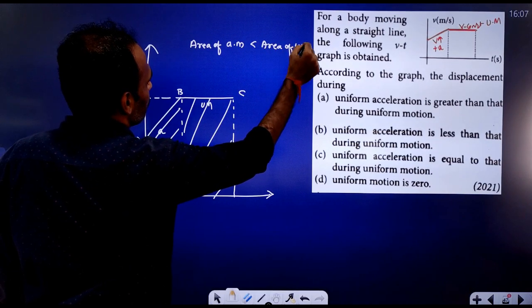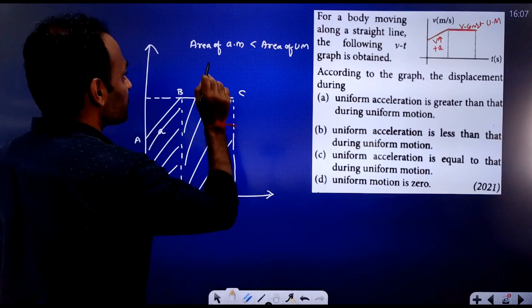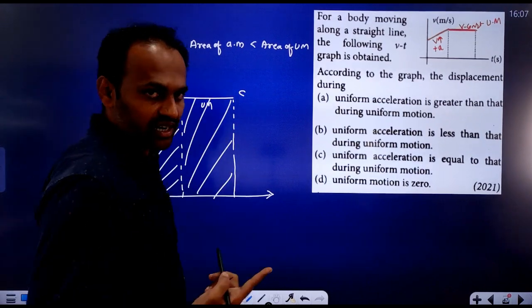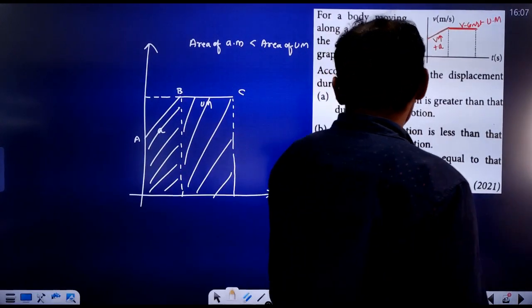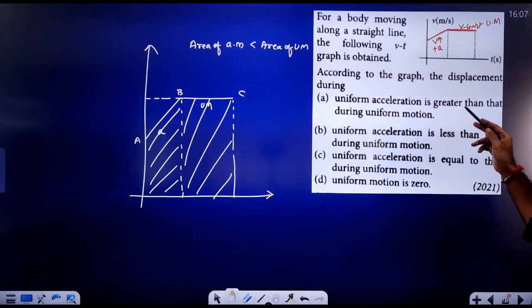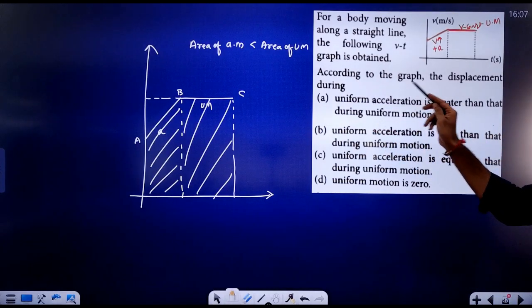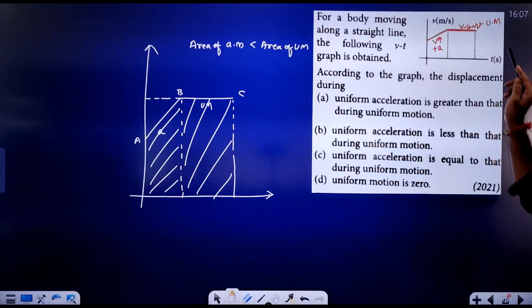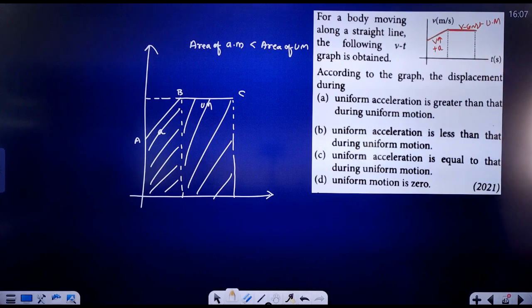So displacement in accelerated motion will be less than displacement in uniform motion. So according to that, uniform acceleration is greater than during uniform motion. If they ask about displacement, it is greater in uniform motion.